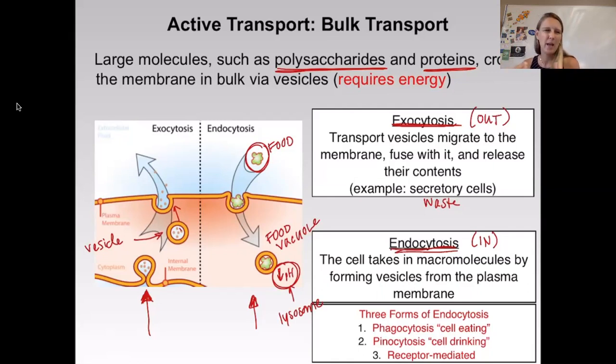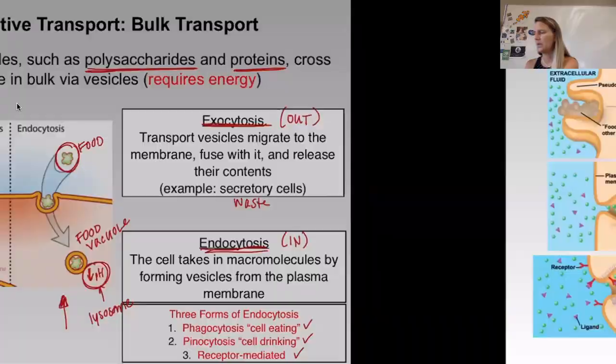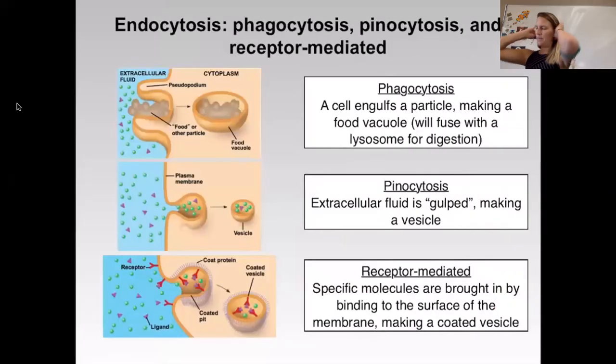Endocytosis can kind of come in three forms. Phagocytosis, cell eating, pinocytosis, cell drinking, and then receptor mediated, which I don't even know if we're going to talk about. Let me decide. So endocytosis, again, is bringing things into a cell.